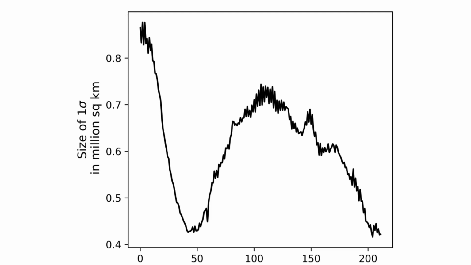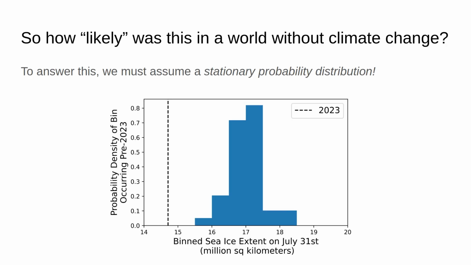So moving on from sigmas, I think that's just an interesting aspect of this analysis. I'm going to move on, and I'm going to try and talk about the 7.5 million year statistic. So I've used climate change here, but we're going to ask the question: how likely was this to occur in a world that is, while we've been looking at the sea ice from space, 1979 to 2022, given the sea ice that we've seen, how likely is this freaky low anomaly to occur?